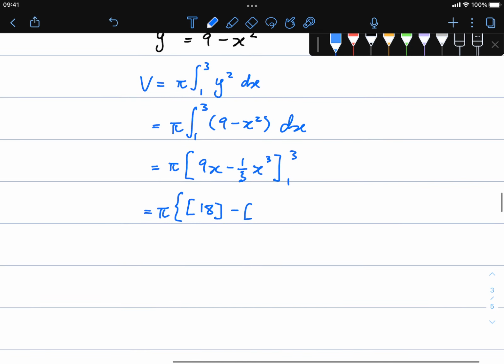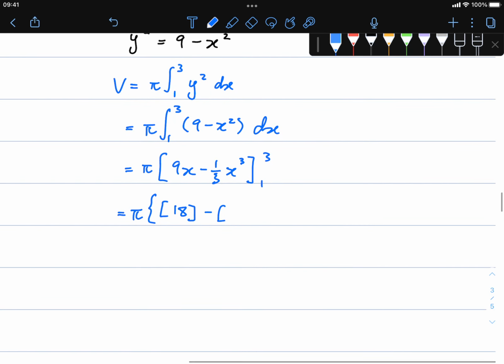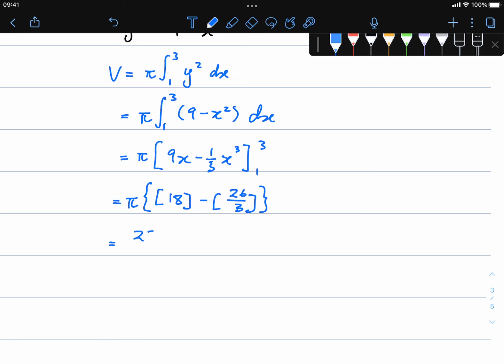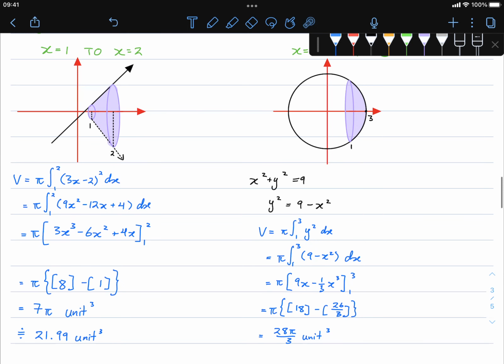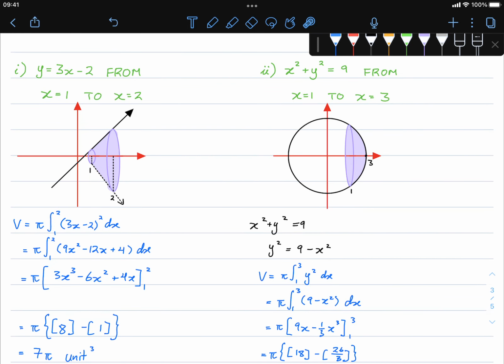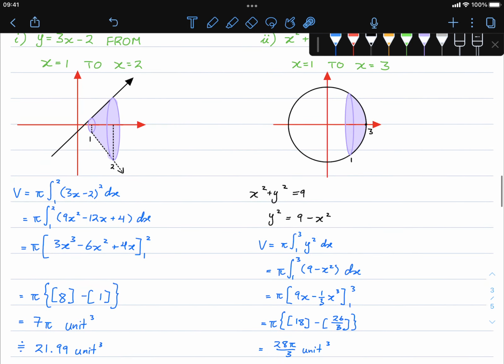It's going to be 26 on 3. And just evaluating that, 18 minus 26 on 3, we get 28 pi on 3 units cubed. I'm just going to leave it in exact form, but I hope you can see that all we are looking for here is y squared.